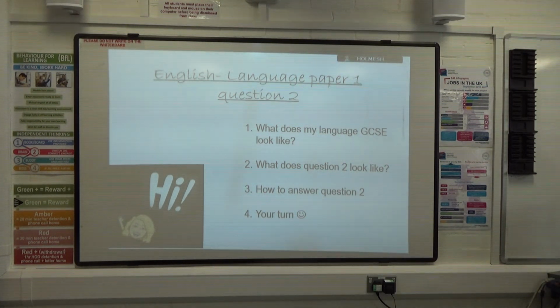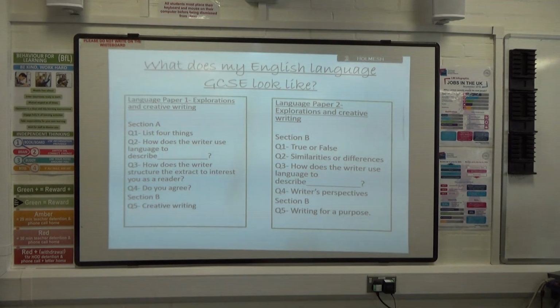So first of all, in your language GCSE you will have 2 papers. The first paper is all about creative writing. So it has 5 questions in it, just the same as paper 2 has 5 questions. But paper 2 is more about explorations and viewpoints.